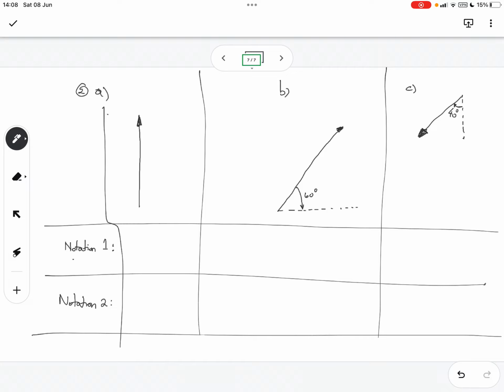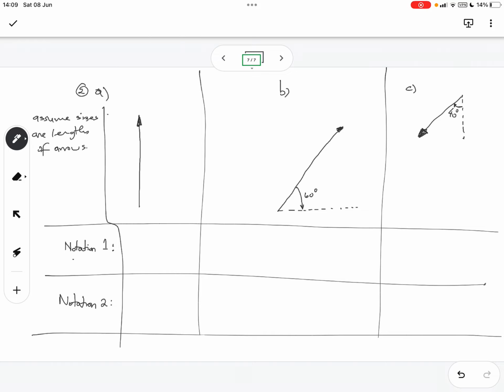Ne? So for number A, which notation would you like to use? These are all vectors, ne? So we're told that all of these are vectors. So we know that they have a size.